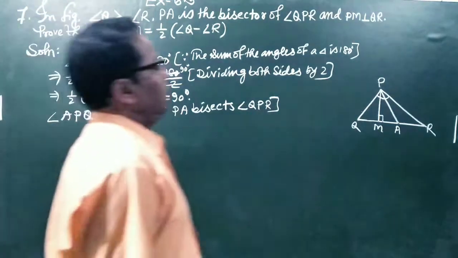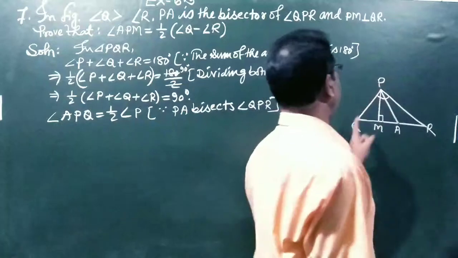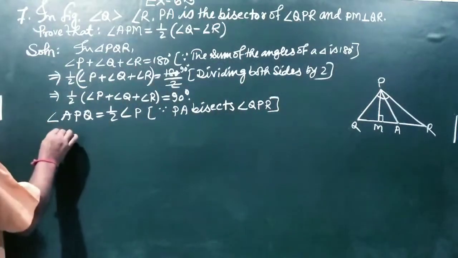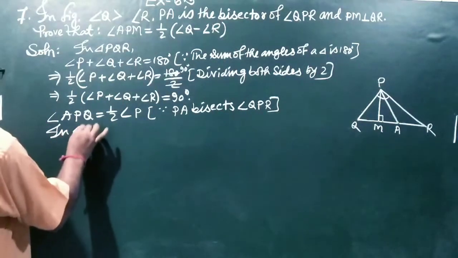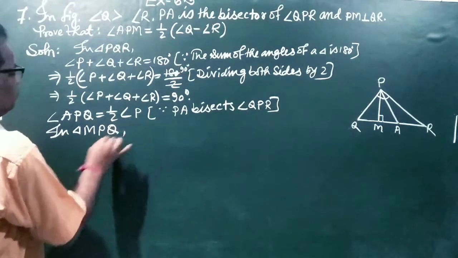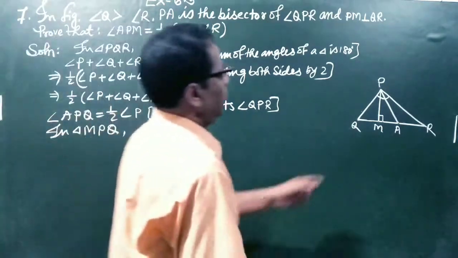Now in triangle MPQ, the sum of two angles will be 90.